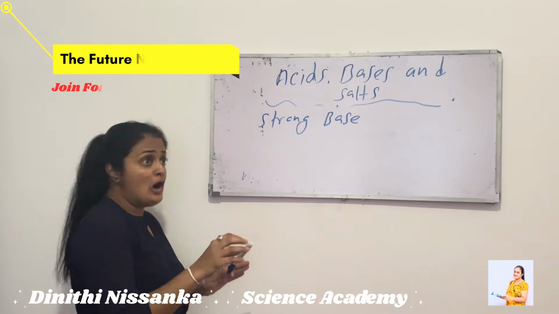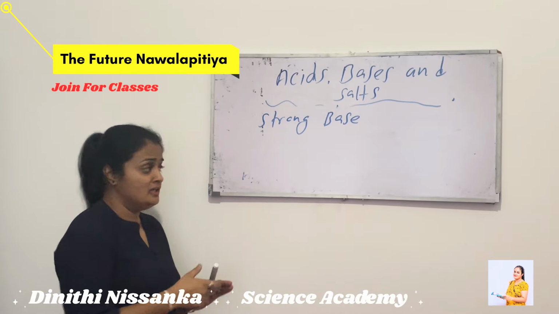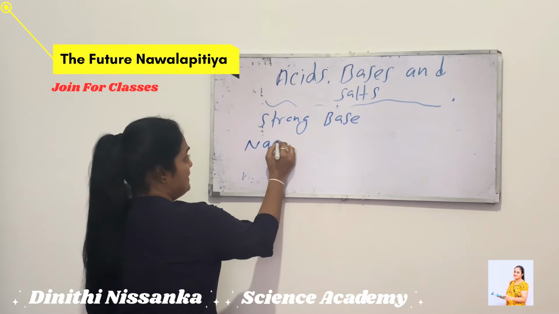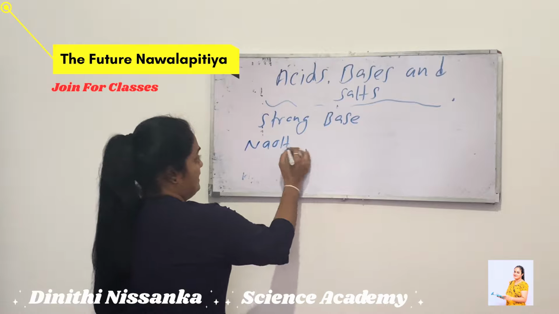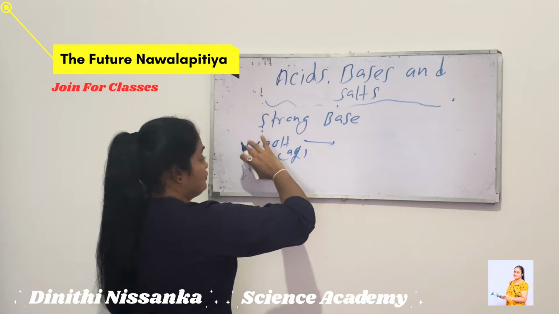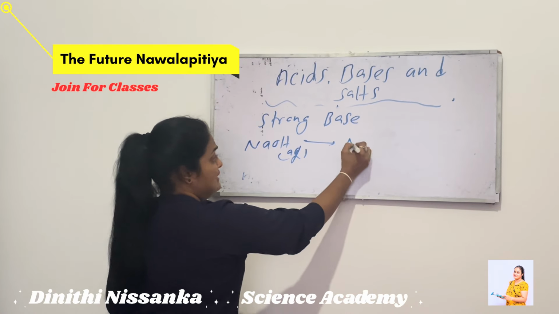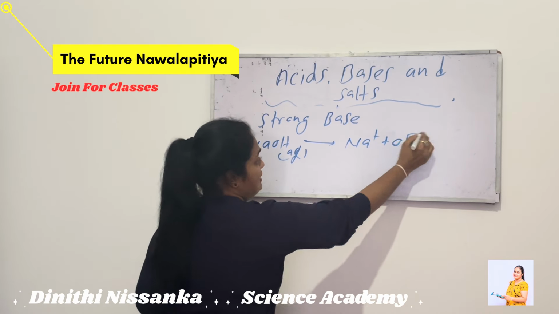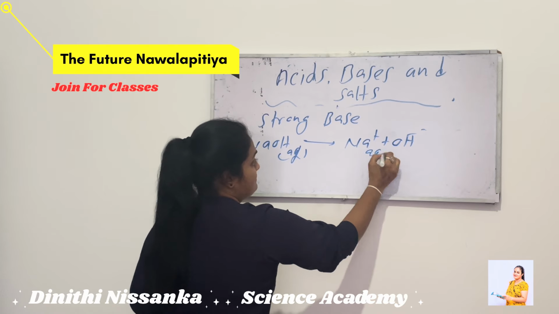Let's see how they behave in the aqueous medium. For example, sodium hydroxide in the aqueous medium completely dissociates into sodium ion and hydroxyl ion. That means it releases hydroxyl ion into the aqueous medium.